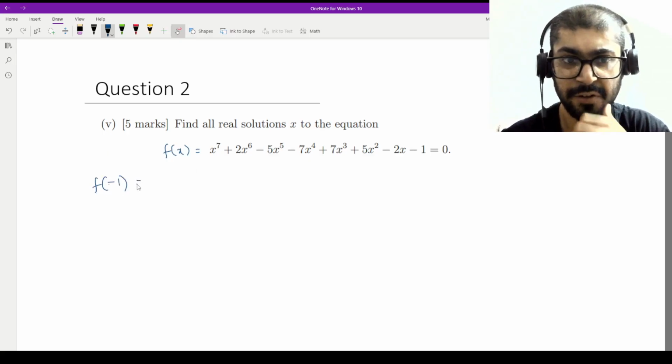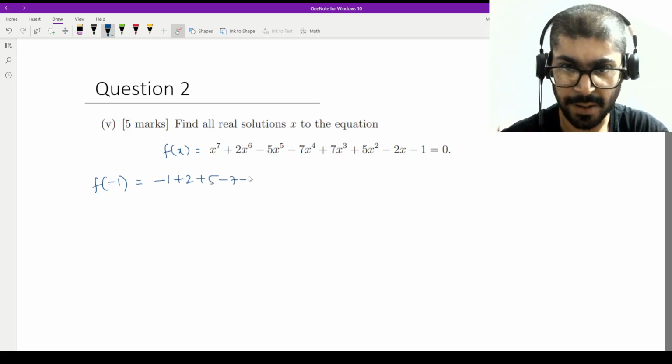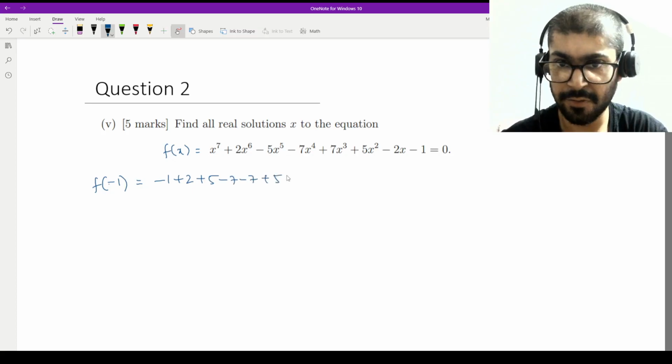f of -1 will mean I have (-1) to the power 7, so -1, then x to the power 6 is 1, so +2, +5, -7, -7, +5, +2, -1.